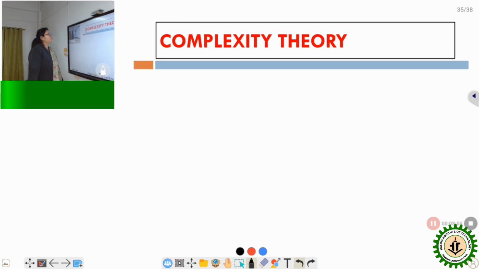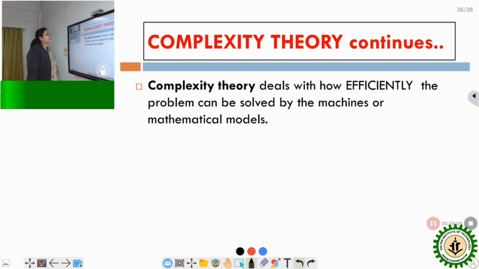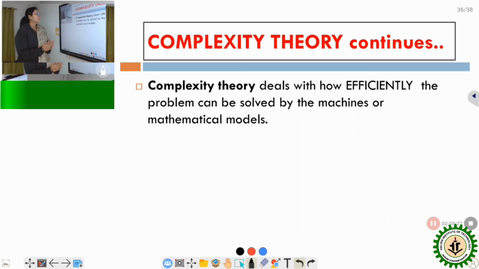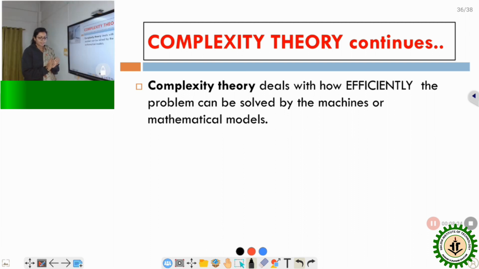Now we come to complexity theory. Complexity theory deals with how efficiently the problem can be solved by the machines or mathematical models. Complexity theory also deals with the term efficiency.